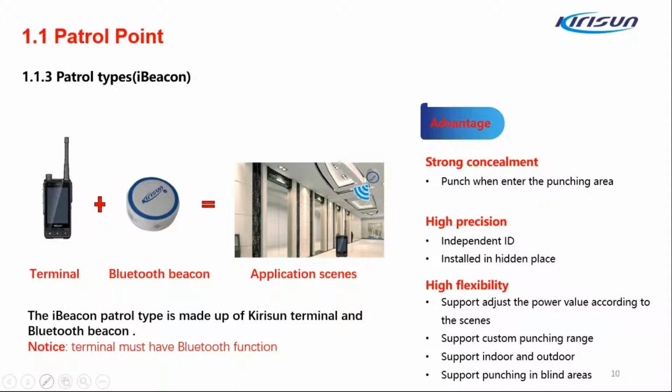High flexibility is the third advantage of IBCON patrol type. It can adjust the power value according to the requirements of the scene, support custom punching range, and also support punching indoor or outdoor, as well as punching in blind areas.